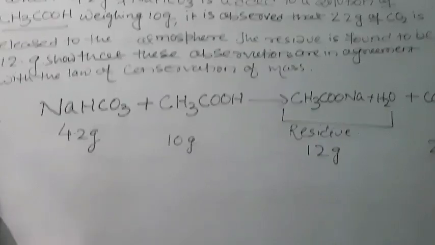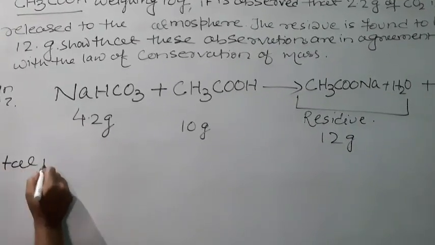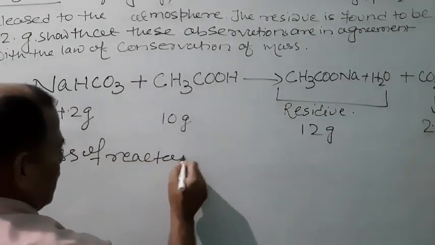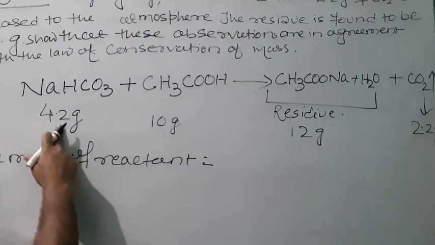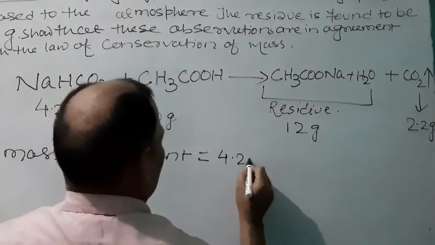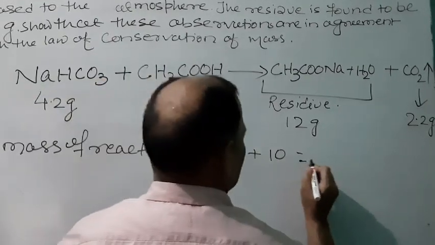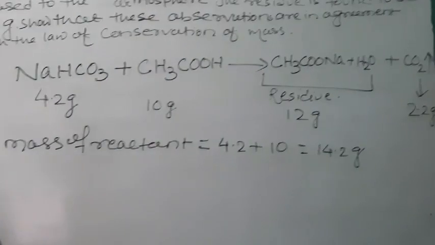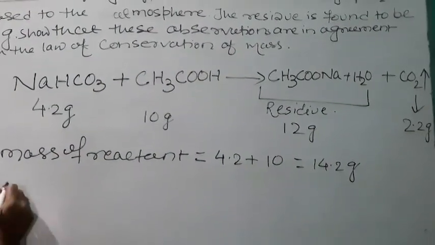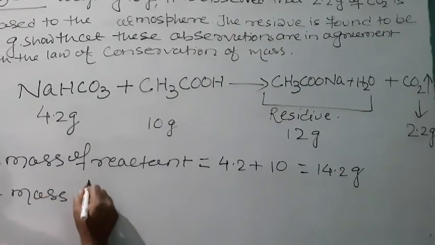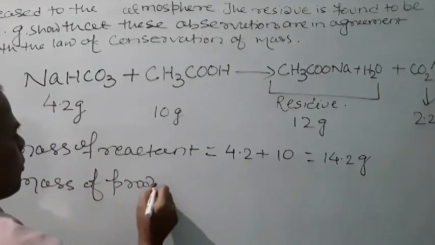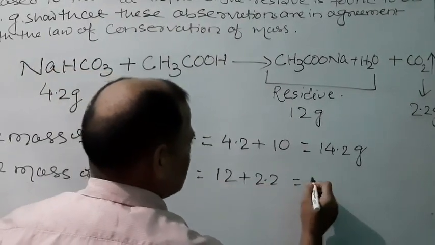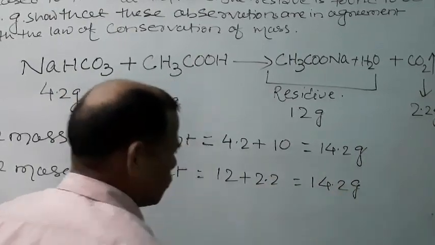Now, total mass of the reactant equals 4.2 plus 10, that is equal to 14.2 gram. Now total mass of product equals 12 plus 2.2, which is equal to 14.2.